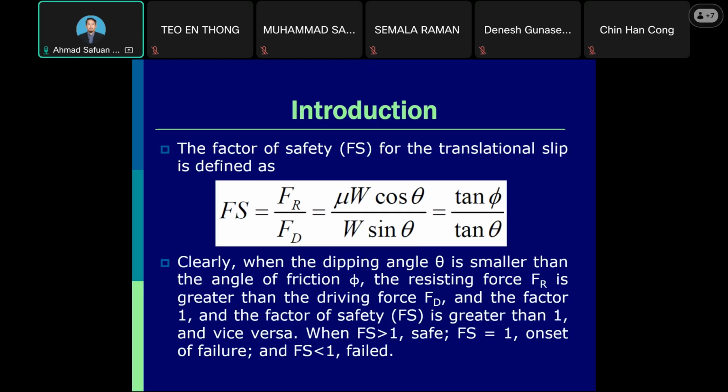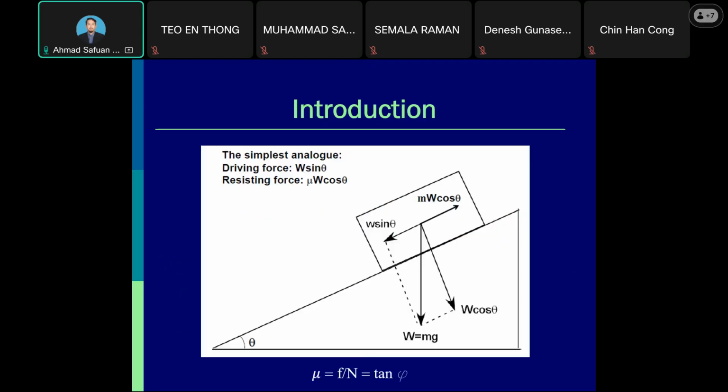Mu is actually a ratio between F and N, which is tangent phi.